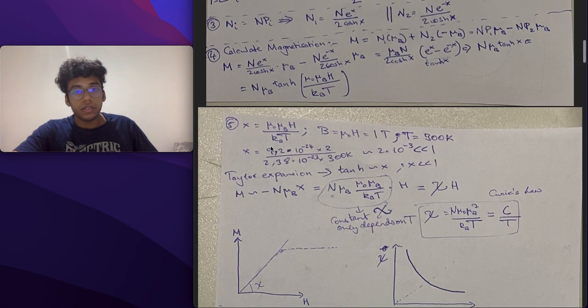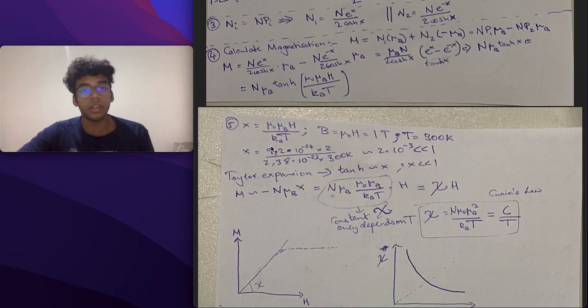Now let's do something here, a numerical example, where given your magnetic field mu naught H is equal to 1 Tesla, and at a temperature of 300 Kelvin, you want to find out what x is, right, what this factor is.